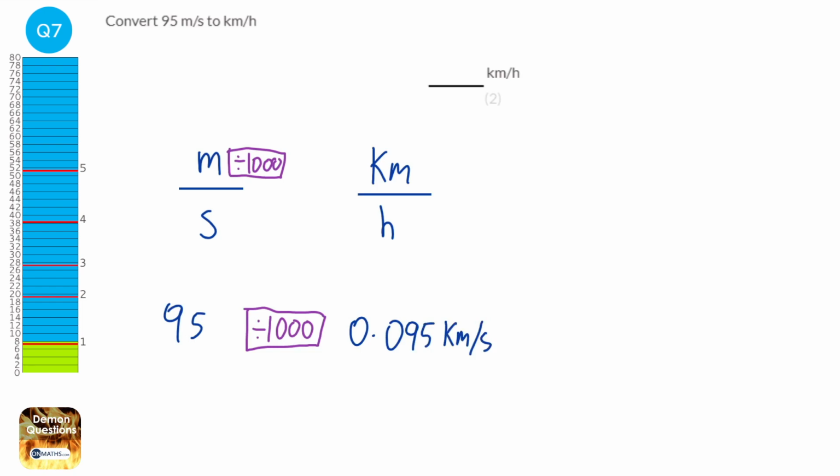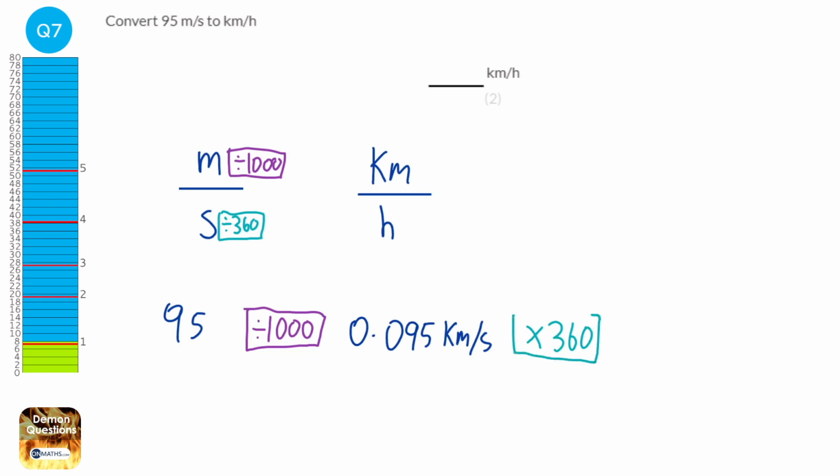The more difficult part is converting the seconds to hours. So to convert seconds to hours, we divide by 60 and then divide by 60. So we divide it by 3,600. Seems simple enough. But the seconds are at the bottom of a fraction, and when you divide the bottom of a fraction by something, you actually times the whole fraction by that thing.